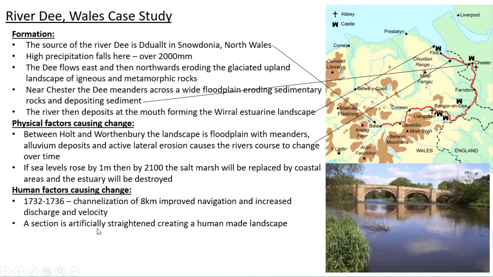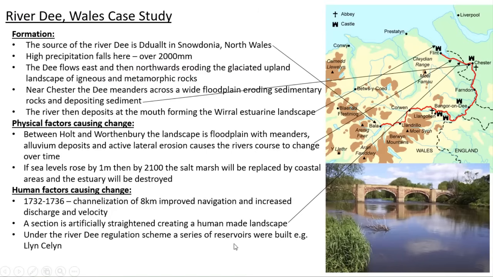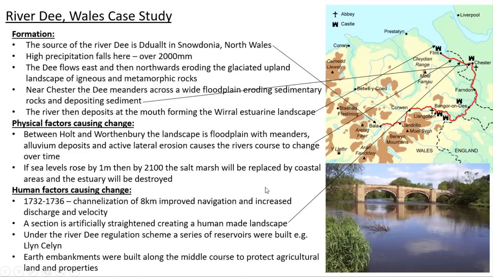And you can actually see on the map a section of artificially straightened, human-made river here, just past Chester, again, just to help manage it and get it away from the settlements there out to sea. The River Dee regulation scheme, they actually built a lot of reservoirs, like the Llyn Celyn, which I don't know where that is, I'm sorry. And earth embankments were built along the middle course to protect agricultural land and property. So again, these are just ways that humans have changed the River Dee over the years.